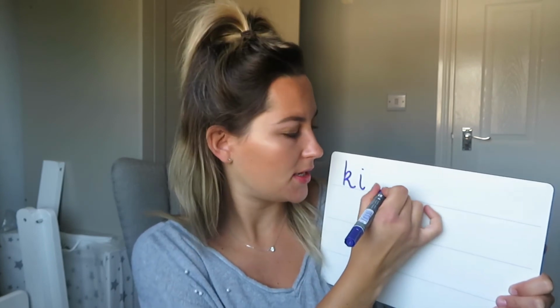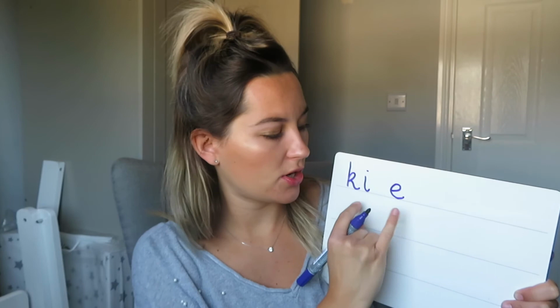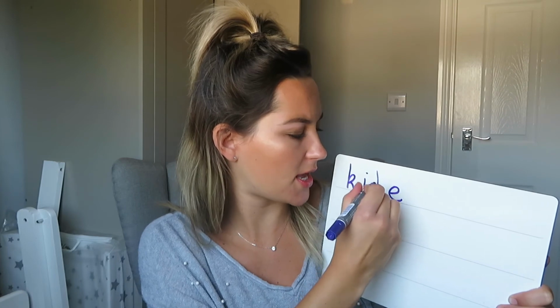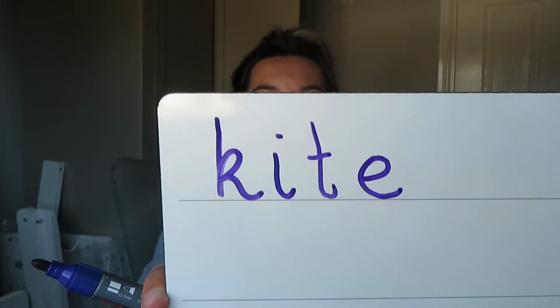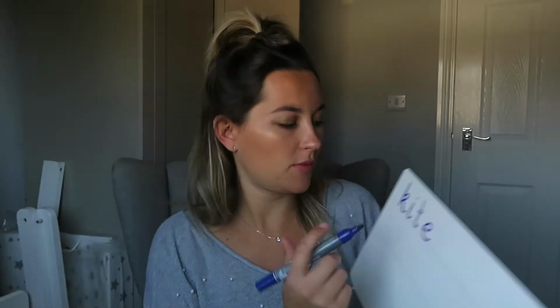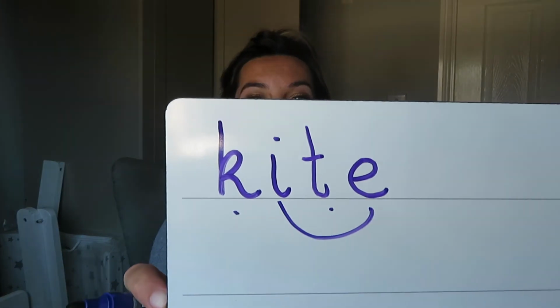So you would have gone I, left a space, K, I, T, and you listen to the last sound in the word and you put a T. If your word looks like that, give yourself a big thumbs up. K, I, T, kite.